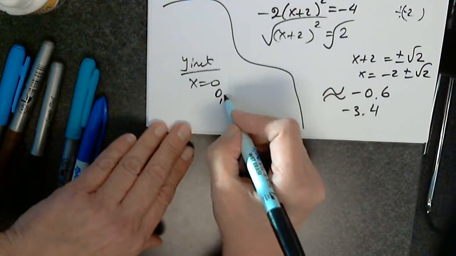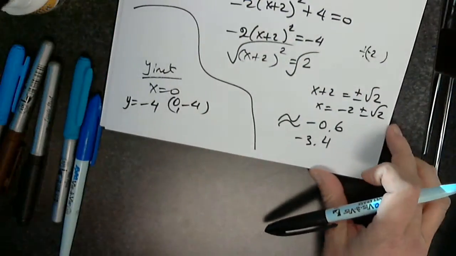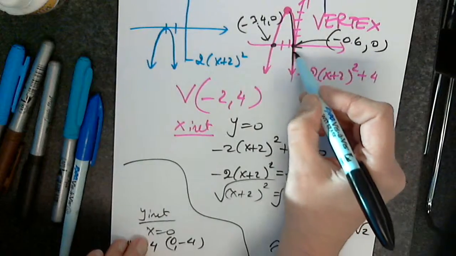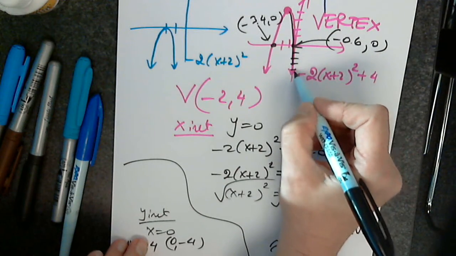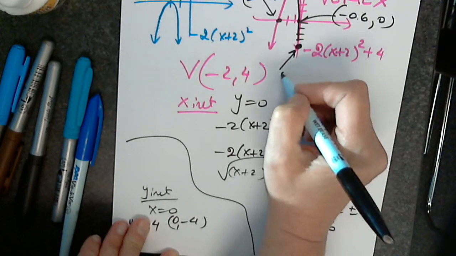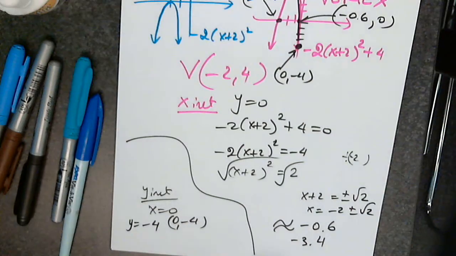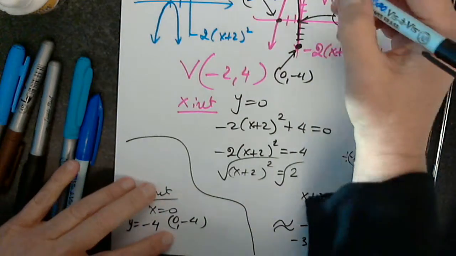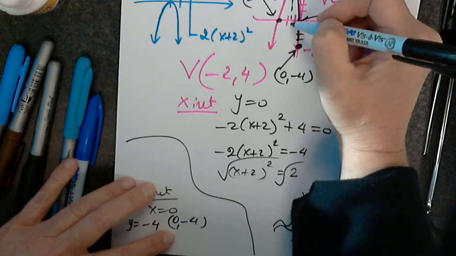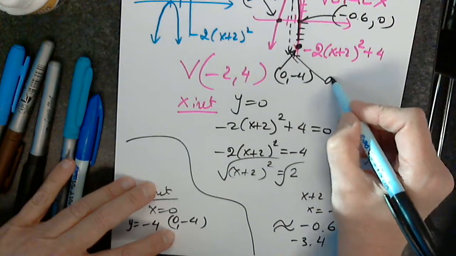So this is 0, comma negative 4, because y is negative 4. So obviously, if I want to adjust my graph, I will make sure that I show that it crosses at 0, negative 4. I know you remember from the previous course that any parabola is a symmetric graph, and it has an axis of symmetry.